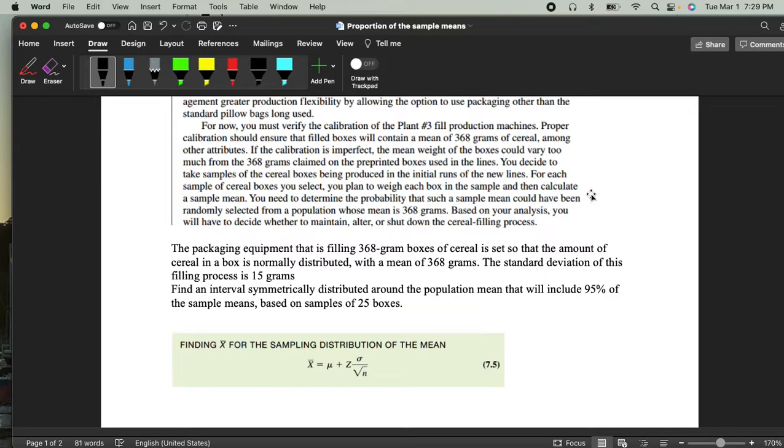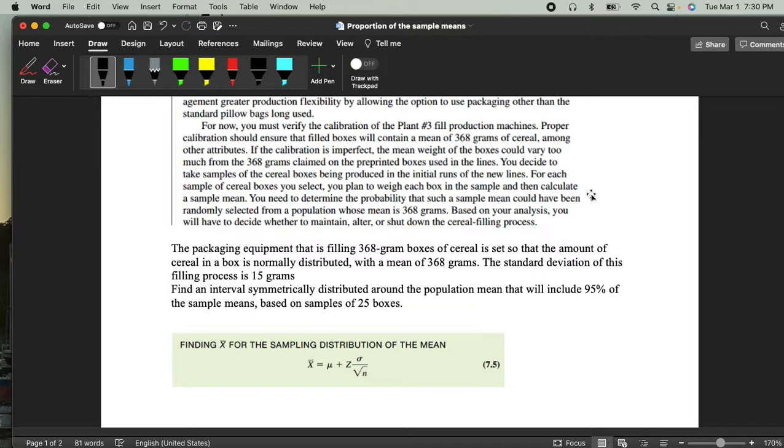You decide to take samples of these cereal boxes being produced on the initial runs of the new line. For each sample of cereal boxes you select, you plan to weigh each box in the sample and calculate the sample means. You need to determine the probability that such a sample mean could have been randomly selected from a population whose mean is 368 grams. Based on your analysis, you will have to decide whether to maintain, alter, or shut down the cereal filling process.